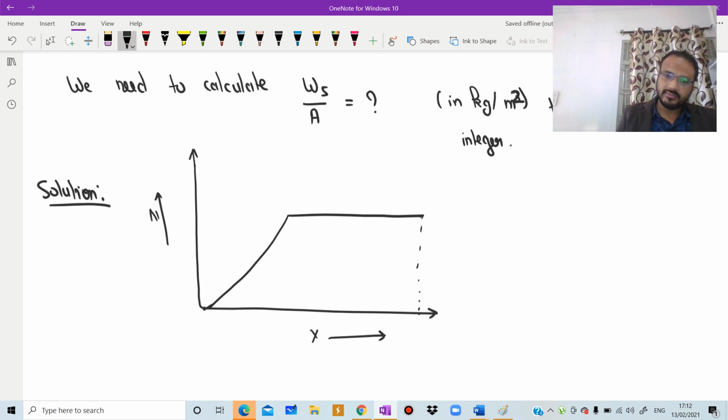Drying starts from x1 to xc, and here we have the x2 value.